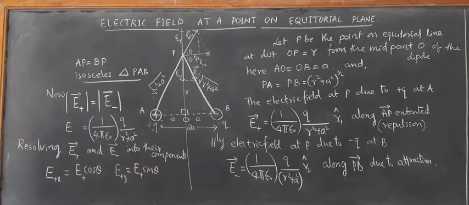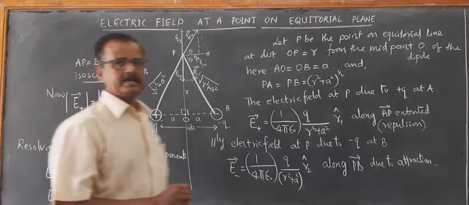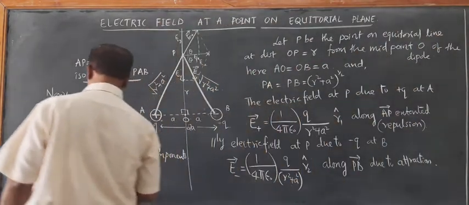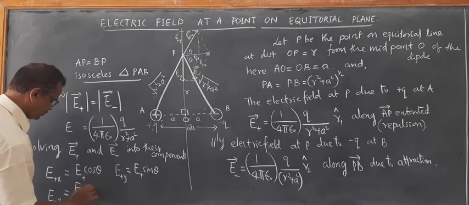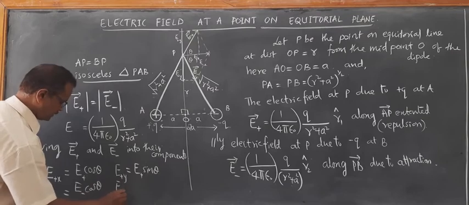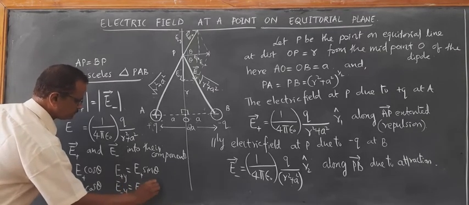Similarly, the components of E minus: E minus x equal to E minus cos theta, E minus y equal to E minus sin theta.